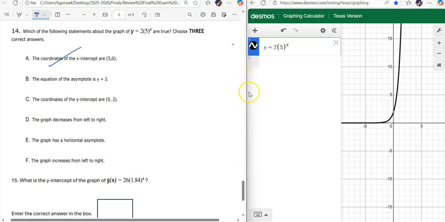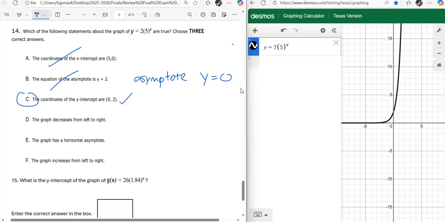No. Is the equation of the asymptote y equals 2? No, the asymptote bottoms out here at 0 on the y, so y equals 0. It would have a plus 2 if it was at 2. Is the y-intercept at 0, 2? Oh, yeah. Cha-ching.